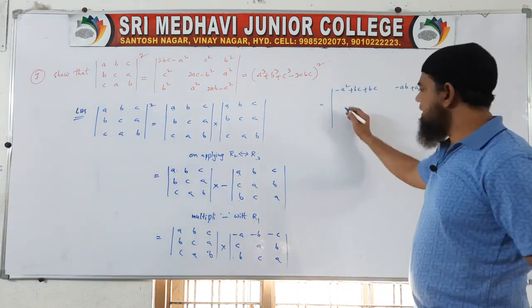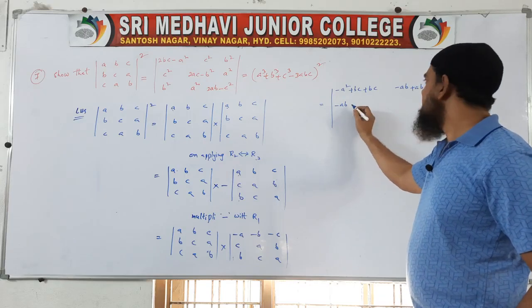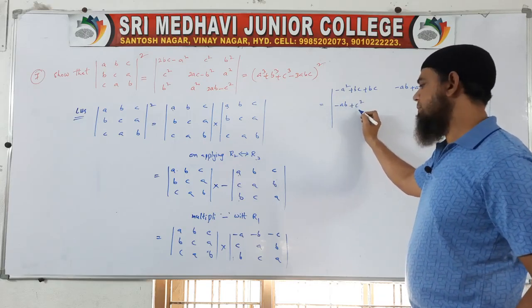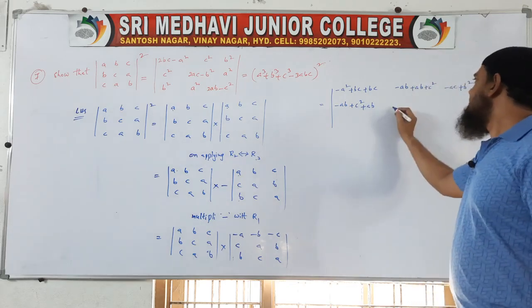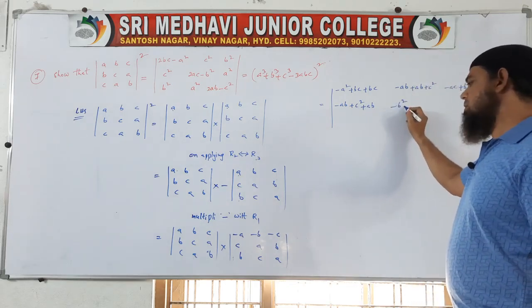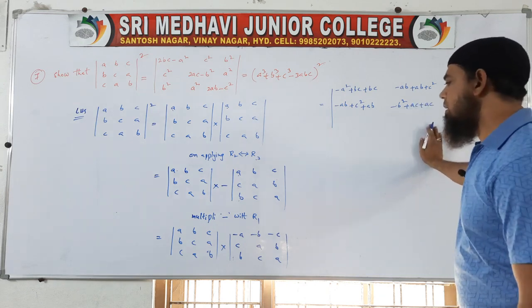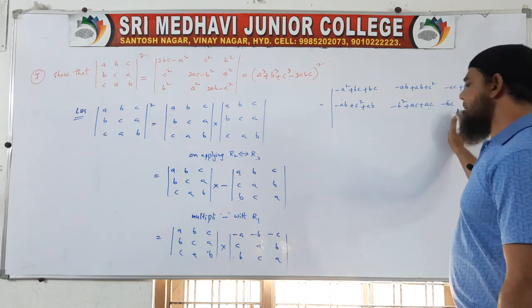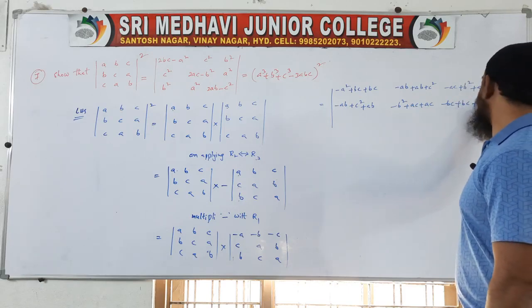Okay. Now I am writing directly here: minus AB plus C square, plus AB minus B square, plus AC plus AC minus BC, plus BC plus A square.